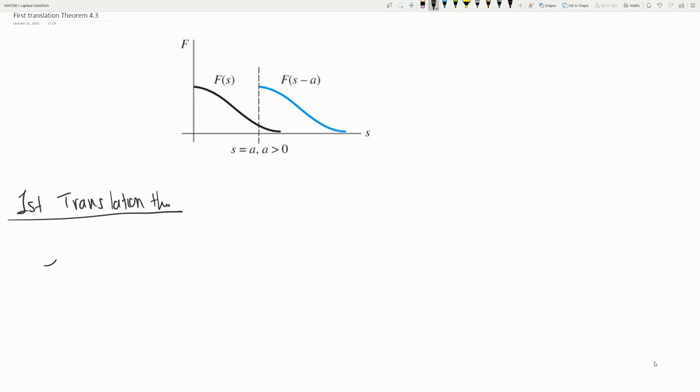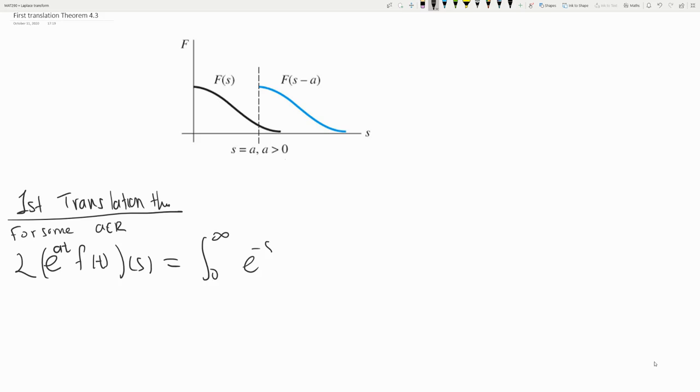Suppose you have a function f and you multiply it by an exponential e to the at, for some a, and you want to find its Laplace transform. Then you have the following.